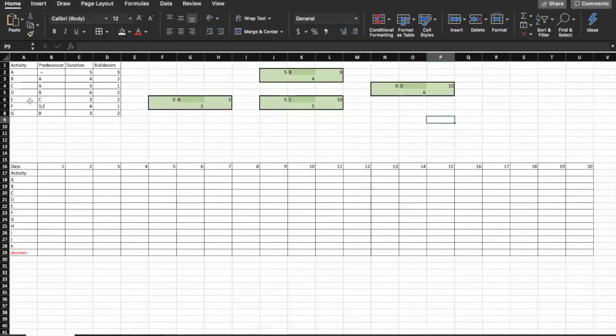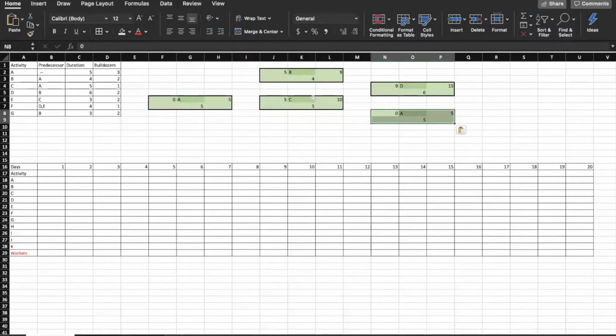After D, we have E, and it has C as its predecessor, so I'm putting it close to C. C finishes on the 10th, so we can start E on the 10th. It takes 3 days to finish, so that means it can be done on the 13th day.